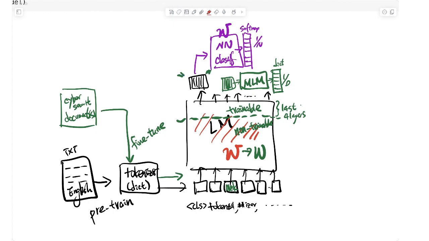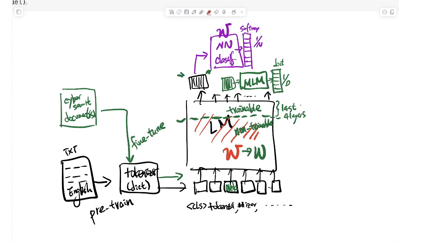So we can use the output of the third token, and we create a very simple MLM classifier, and the classifier will output a softmax value to identify which word in the dictionary that mask token should be.